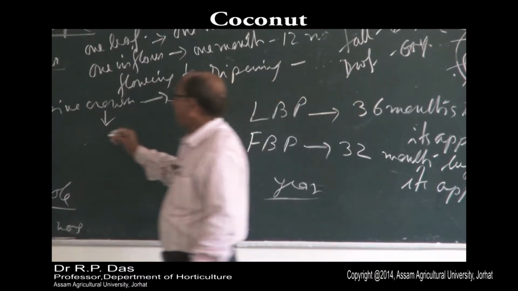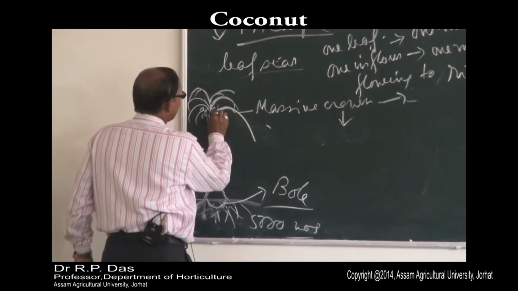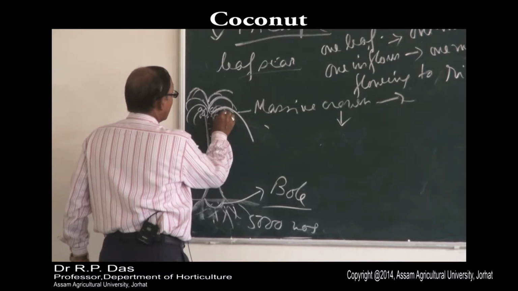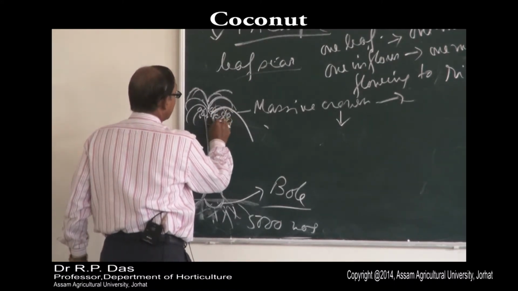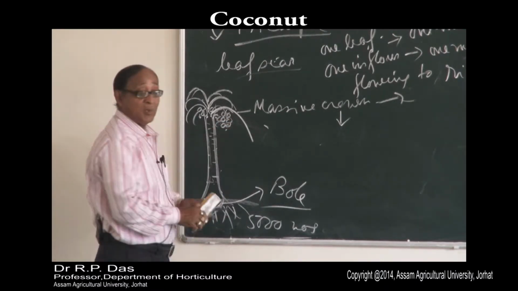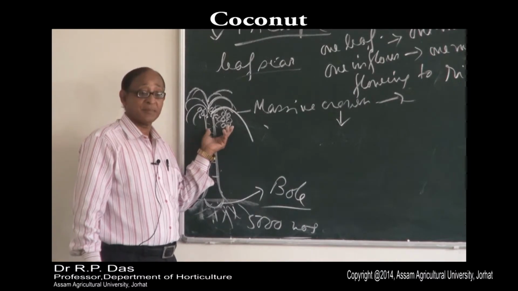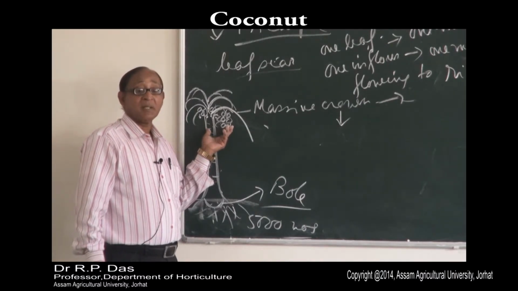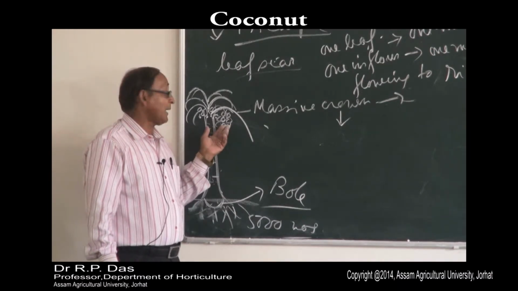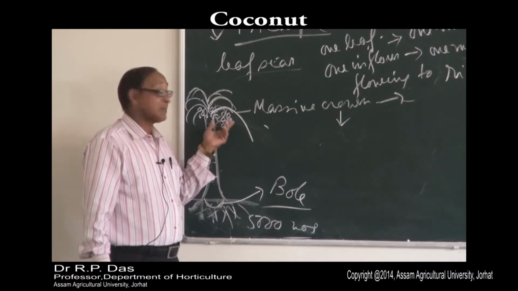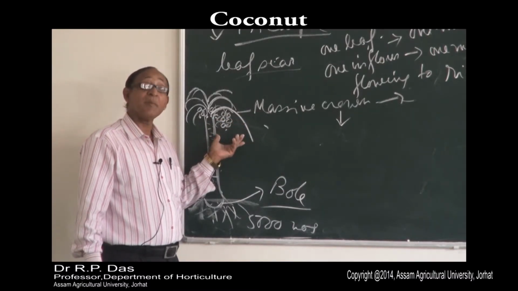So from the axil of the leaf, there is an inflorescence, and in due course you will get the bunch. So say for example there are 20 fruits in a bunch, average weight 30 to 40 kg, so 35 kg, and that weight is supported by the leaf for about 10 months. You imagine the strength of the leaf.